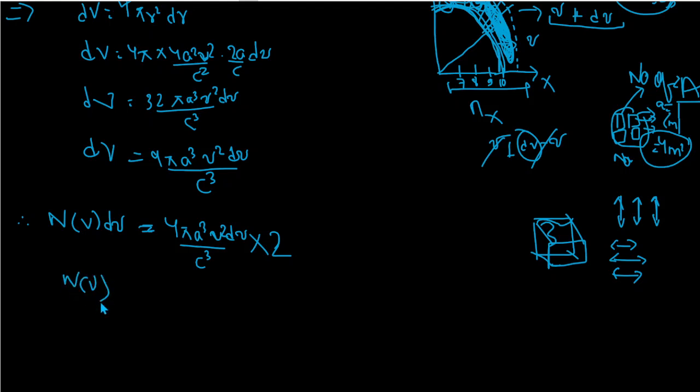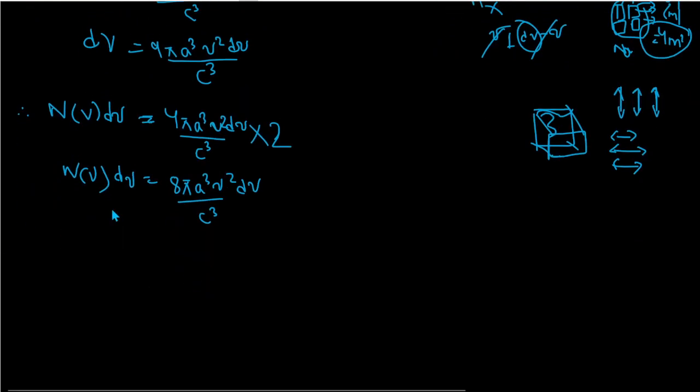So dN_ν is equal to 4π a³ ν² dν divided by c³. So what here is a³? a³ is the volume of the cube.